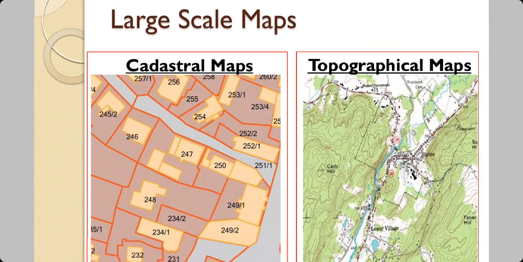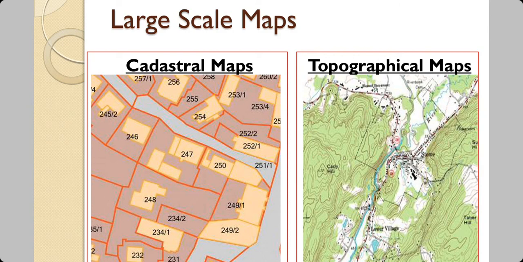On the left hand side, you have a cadastral map. Note that the numbers are given. For every piece of land, they have given a number. And if there is a house constructed on that land, it's shown with a different color. But the house is not important to be shown in a cadastral map.